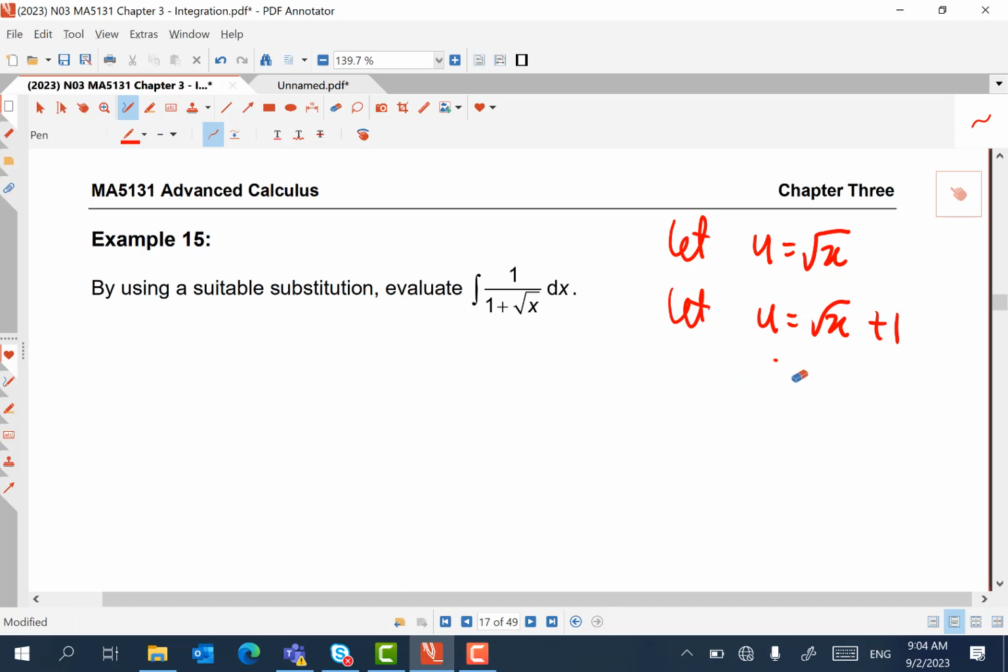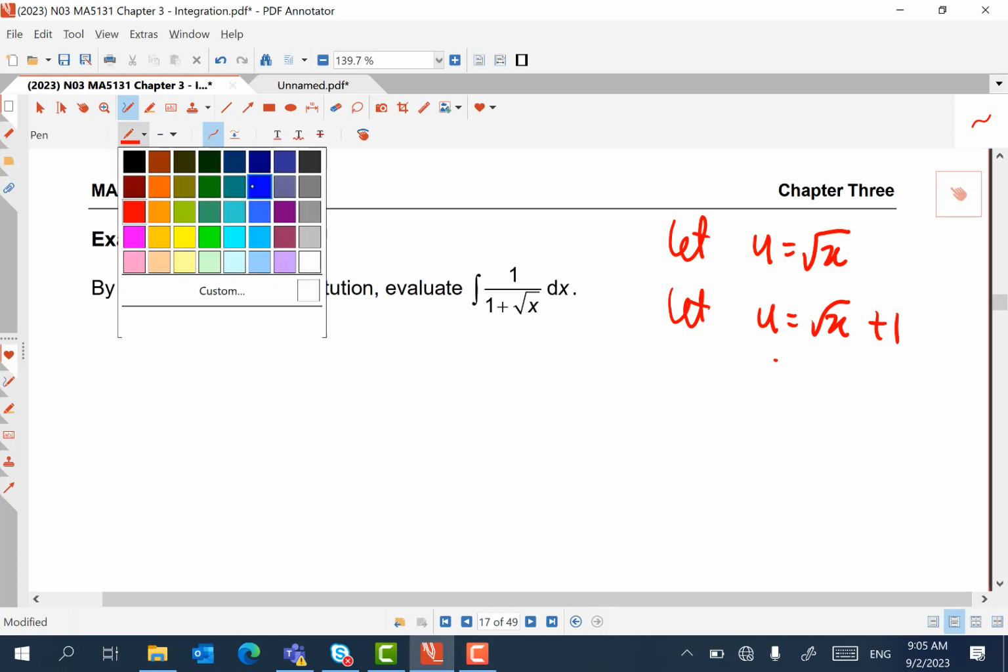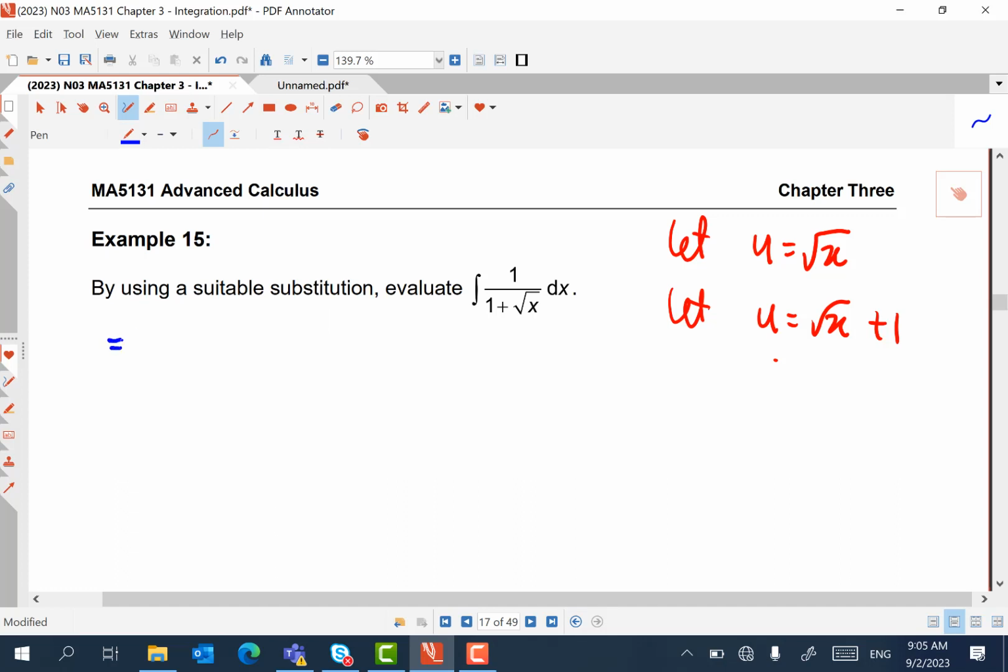Do you think that the second one will work? Maybe some of you try the first one and some of you try the second one. So supposedly I try the second one. I guess most people actually use the first one though. Let me try to do it using the second one, okay?